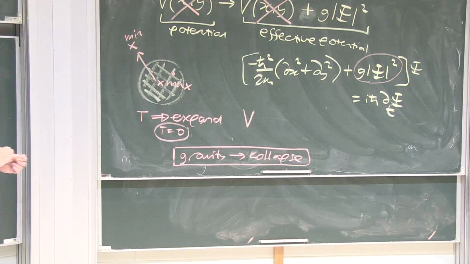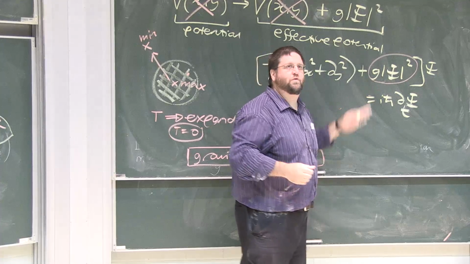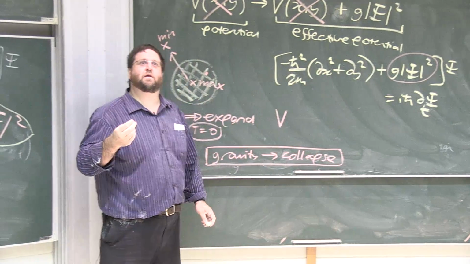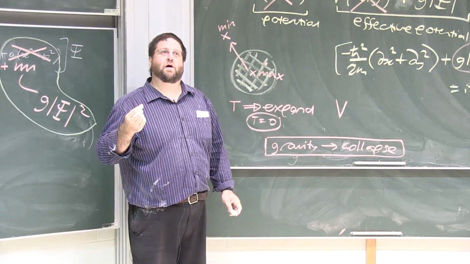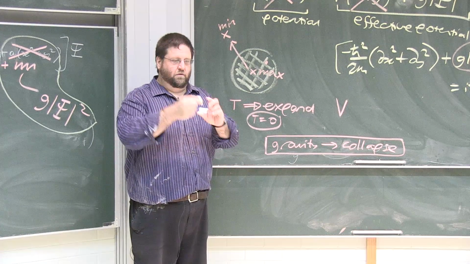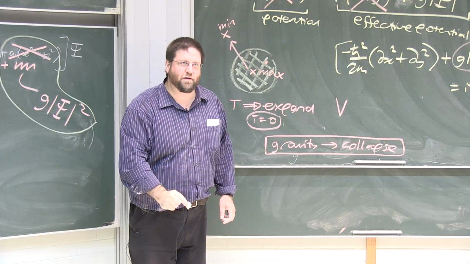So if G is positive, will this term make the cloud expand or contract, and why? So if I drop the chalk, it moves from high potential to low potential.